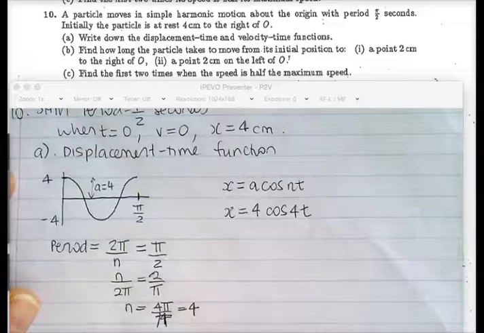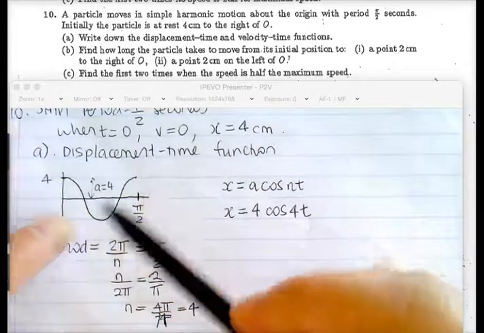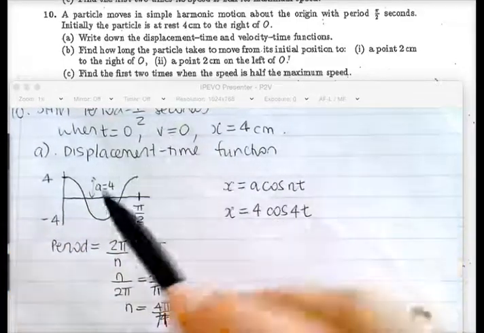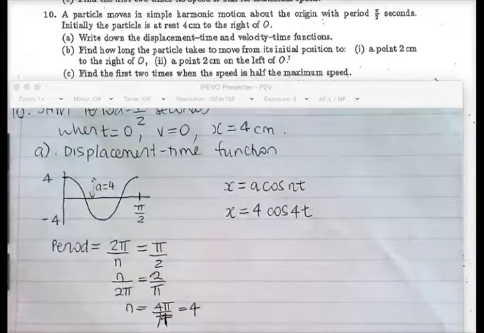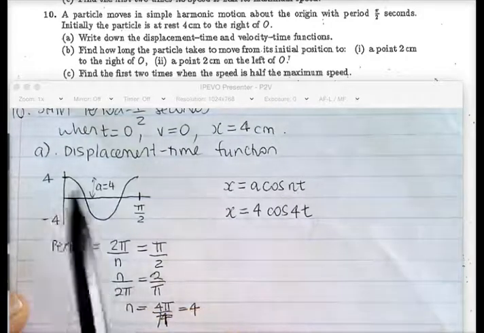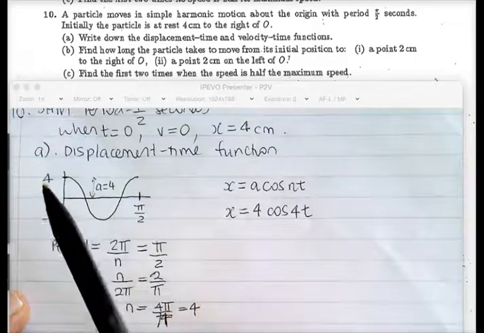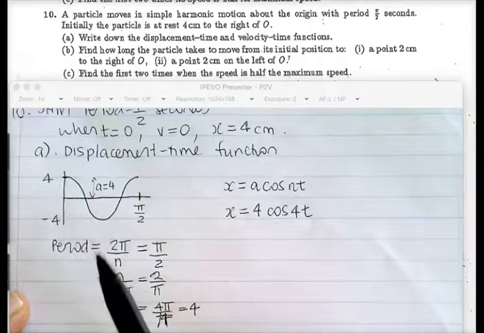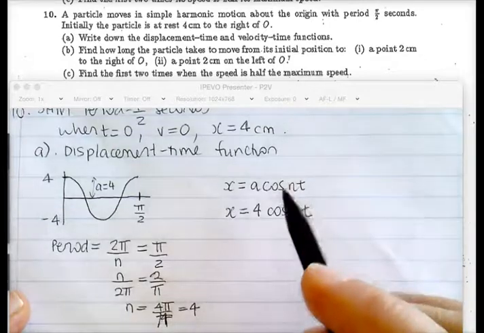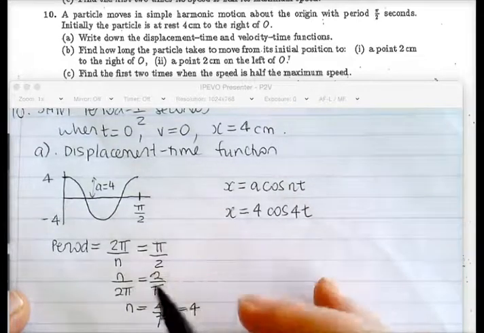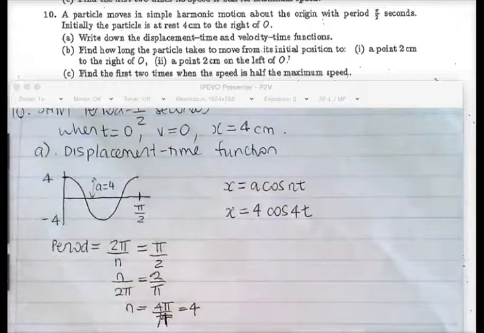You can always start around the origin and then add your up and down shift later in the question. This one won't have one because it says that when time is zero, it's 4 centimetres to the right, and it's simple harmonic motion.